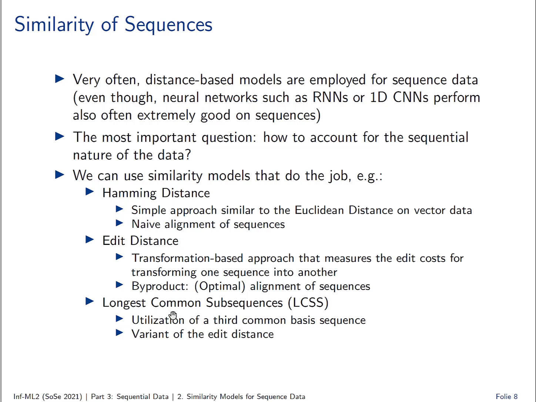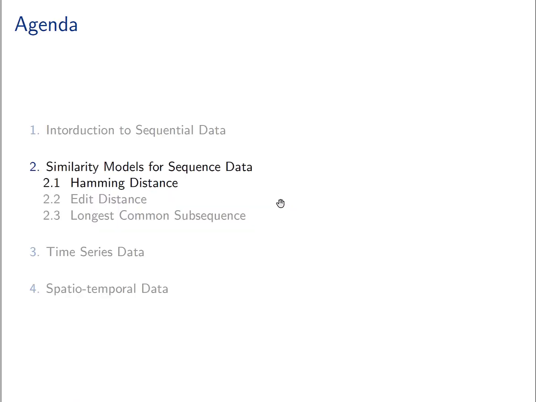That is actually a similarity measure, whereas the first two are distance measures. It utilizes a third, common basis sequence. So it tries to determine what is the common basis sequence of the two sequences that I want to compare. It is a kind of variant of the edit distance, but we will see that later on when we go into the details. So we'll start with the Hamming distance.